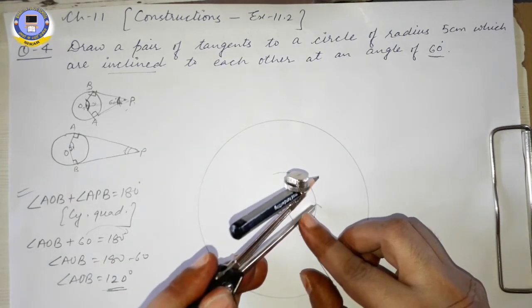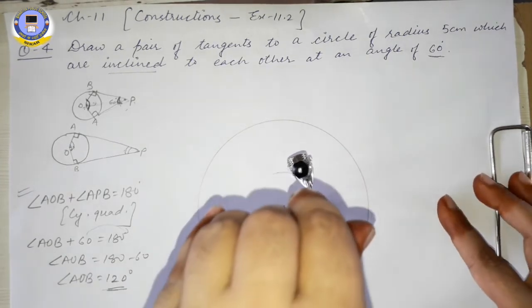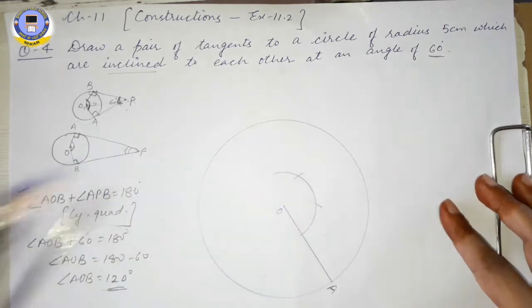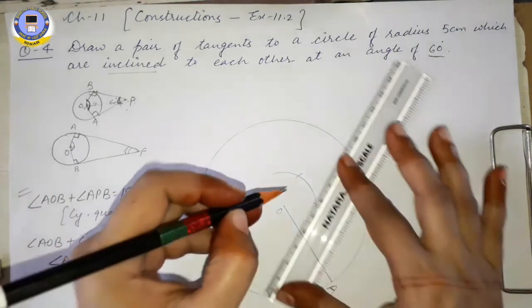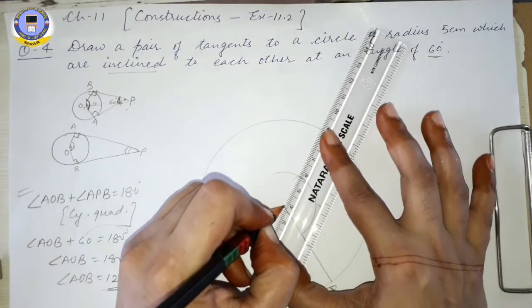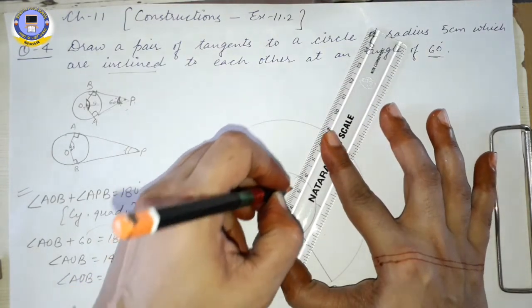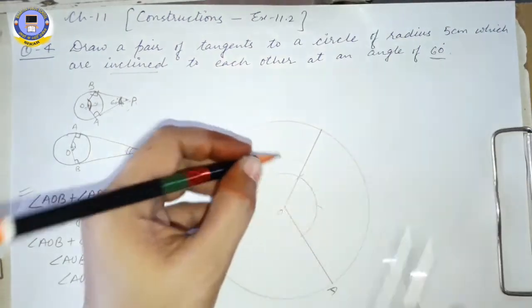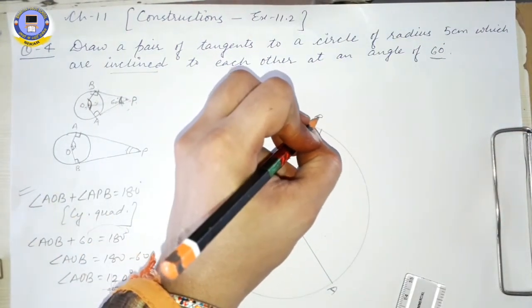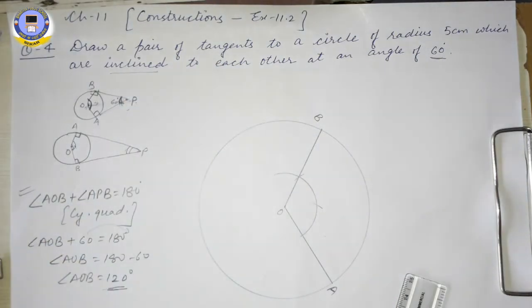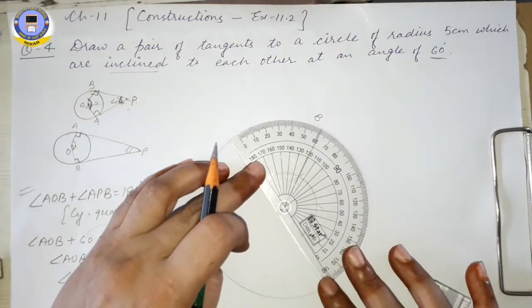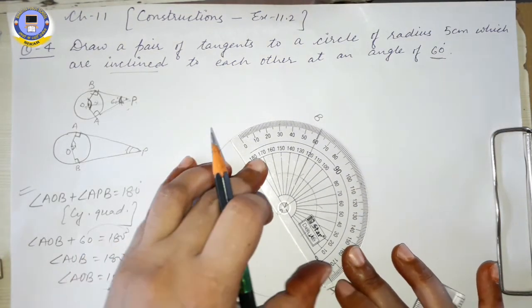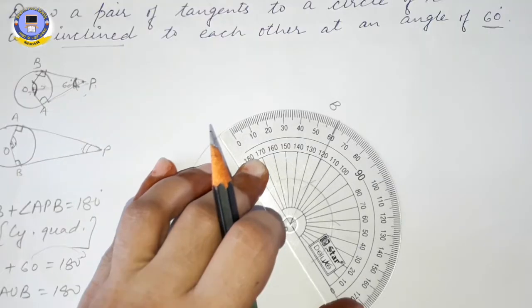Again with the same radius, taking this point as center, cut one more arc. So we will get an angle of 120 degree. Join center with this new arc and produce it so that it intersects the circle at one point, and label this point as B. So here at center we have framed an angle of 120 degree. We can check it with the help of compass.